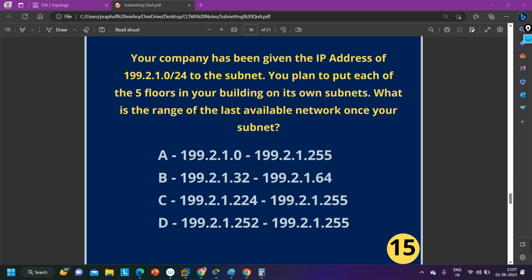These are all working professionals, working in industry as network engineers. You guys will also become masters in a few days. You will solve subnetting like this.